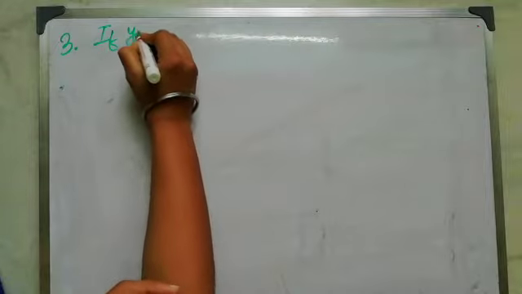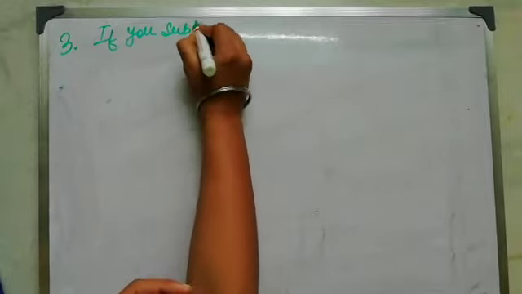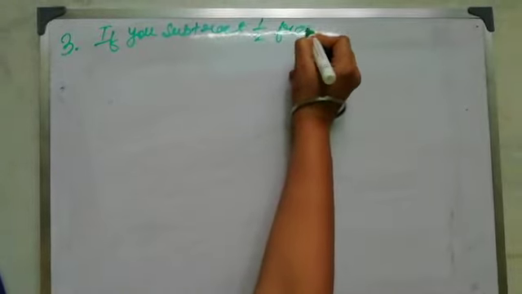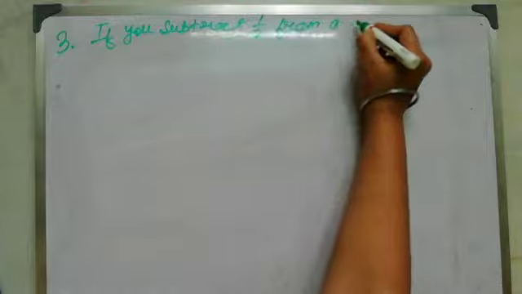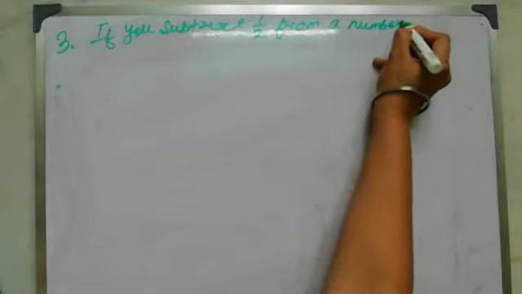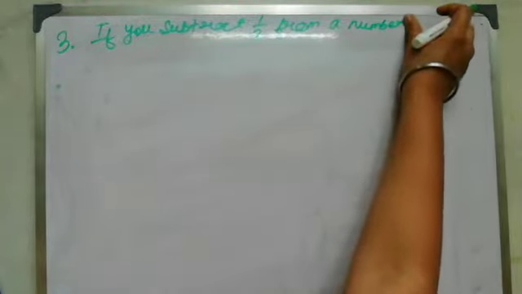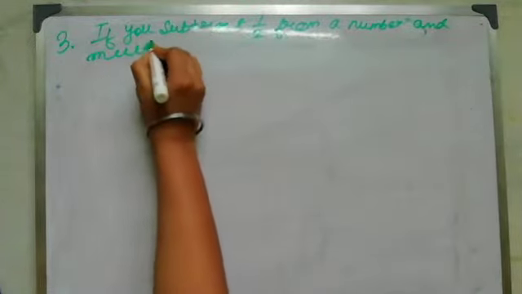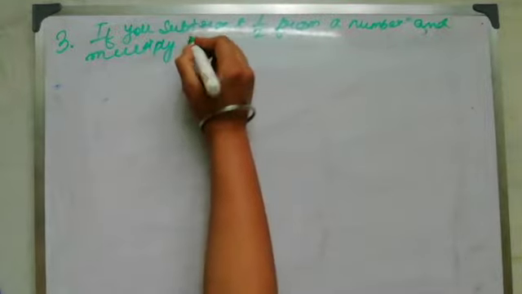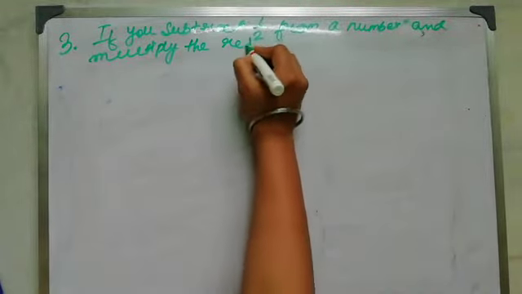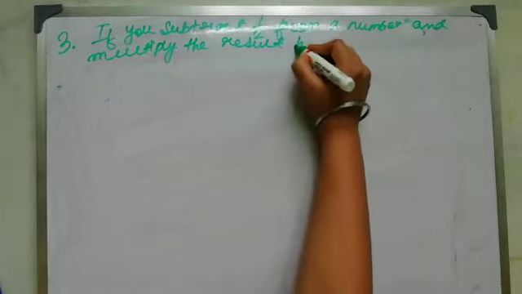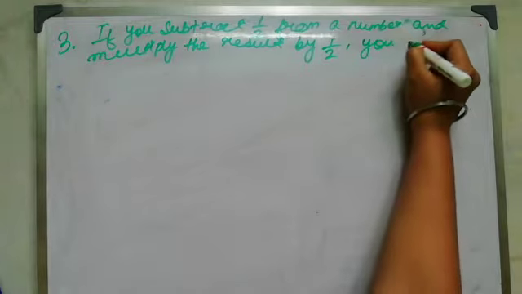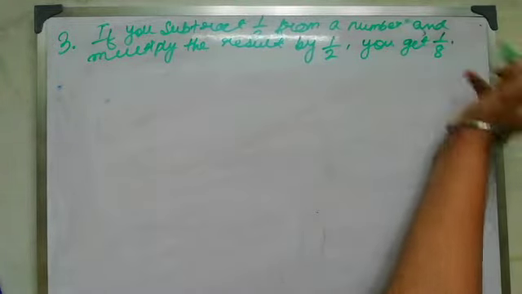If you subtract 1 by 2 from a number and multiply the result by 1 by 2, you get 1 by 8.